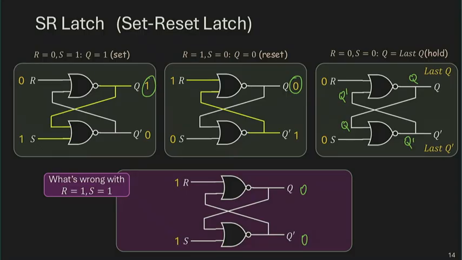But here's what actually makes it invalid. After that, if you apply the 1, 1 input, set both Q and Q prime to 0, and you change it back to 0, 0, 0, 0 is typically a condition that allows you to hold the previous value. But take a look at what will happen in this situation. 0 will come back to the bottom. These two will be 0. The output from Q and Q prime will flow back to the input of the NOR gates, which essentially sets the output to be 1, 1. And those 1, 1 will circle back to the NOR inputs, set the output to 0, 0.